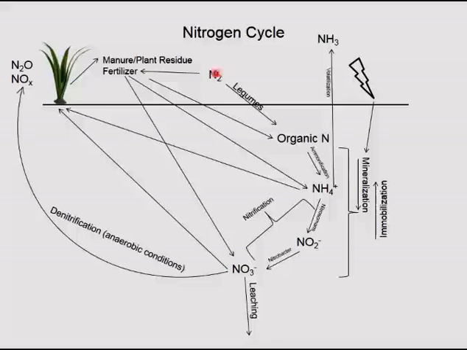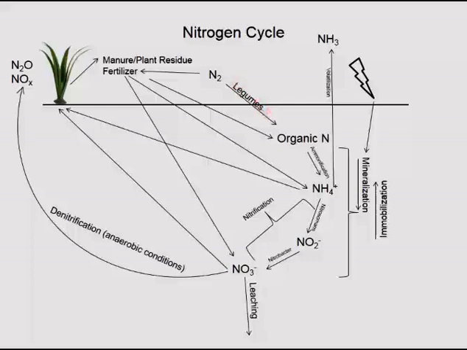Again, we've got nitrogen gas in the atmosphere, and that nitrogen gas can be fixed into organic N. This is nitrogen that exists in plant materials, and this is done by legumes. And we'll talk about legumes in a little bit more detail in a minute. But just remember that this conversion from nitrogen gas into organic N can occur by legumes.